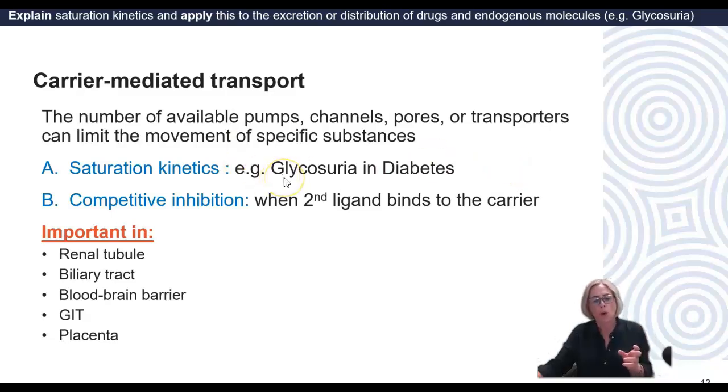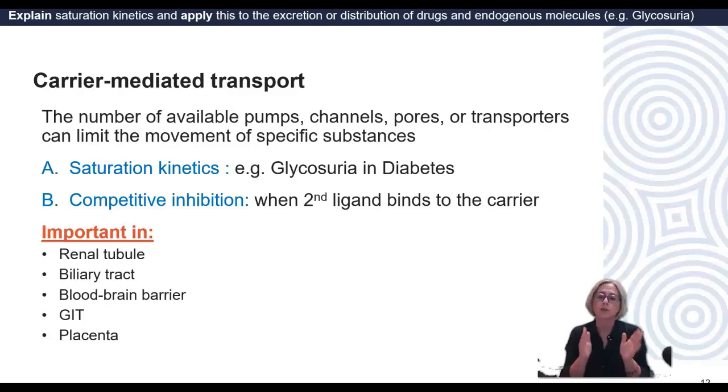But under normal conditions, if somebody does not have diabetes and they have a normal level of blood glucose, remember all glucose in the bloodstream gets filtered into the renal tubules. And by the end of the first windy bit of those renal tubules, so the proximal convoluted tubule, all of that glucose should be reabsorbed from that filtrate via a sodium glucose co-transporter, right?